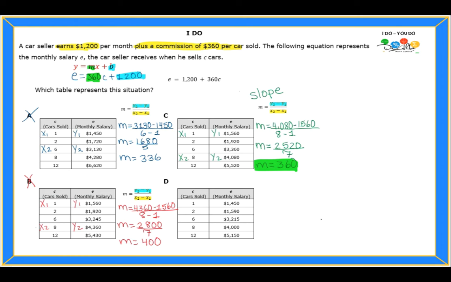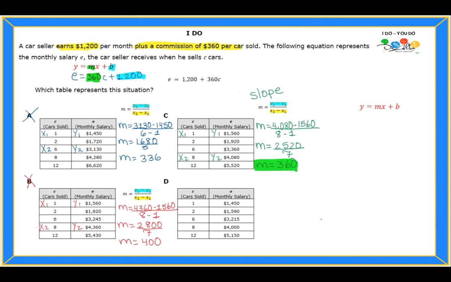Now, the next thing that I need to do is find the y-intercept. And remember, to find the y-intercept, I need to choose one point from the table, and I need to use the slope that I just found, okay? And we are going to use it on the equation y equals mx plus b, which is your slope-intercept form.